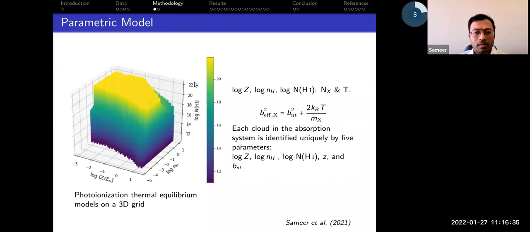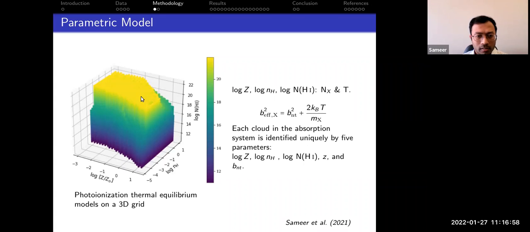So we start off by generating a grid of Cloudy models. These Cloudy models are photoionization thermal equilibrium models having 3 different parameters. Each Cloudy model is identified by 3 parameters, the parameters being metallicity, hydrogen number density, and neutral hydrogen column density.